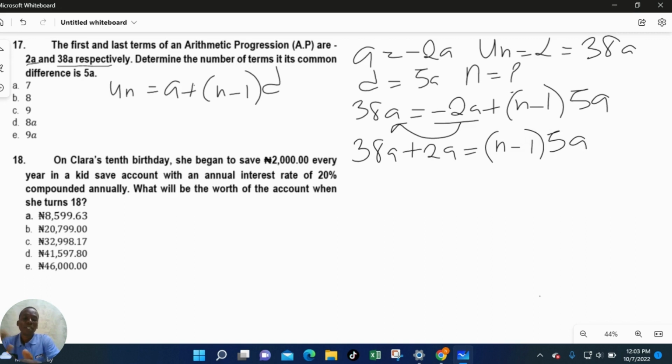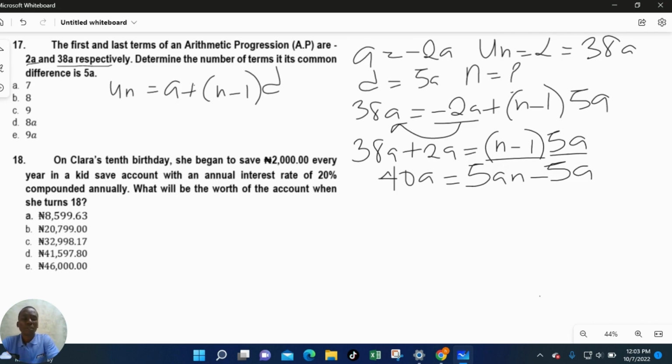Now, if you simplify the left-hand side of this equation, you're going to have 40a to be equal to, now 5a will multiply everything in the bracket, and that will give us 5a times n, that will give us 5an, minus 1 times 5a, that will give us minus 5a.